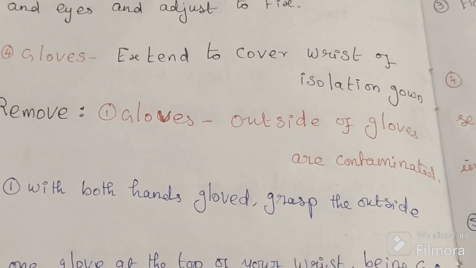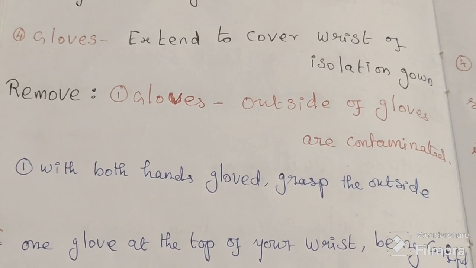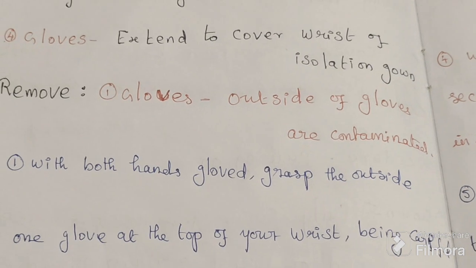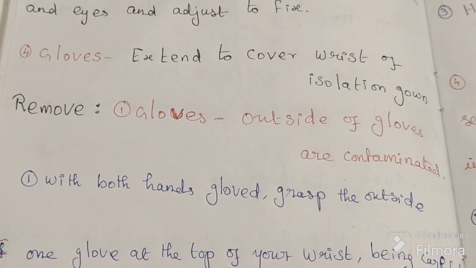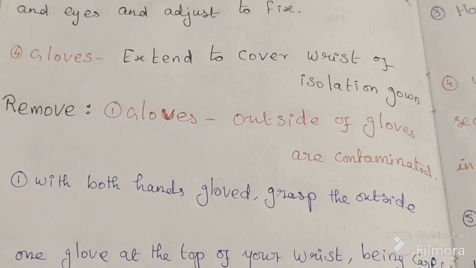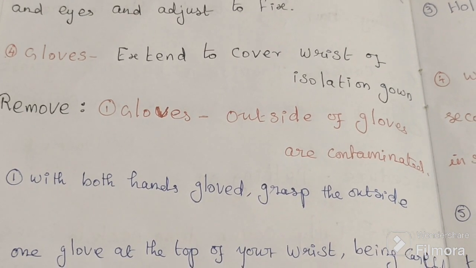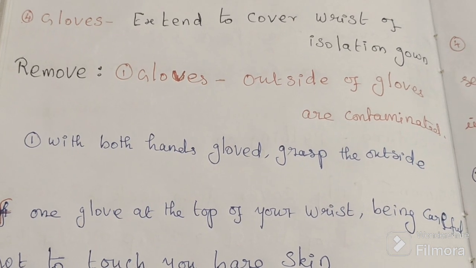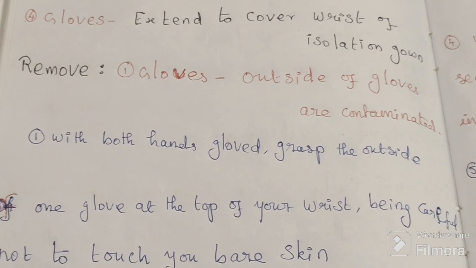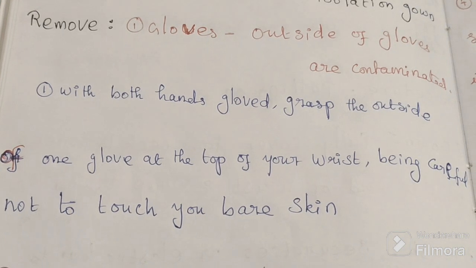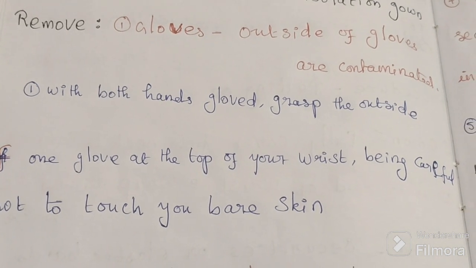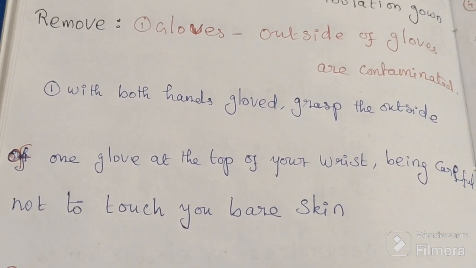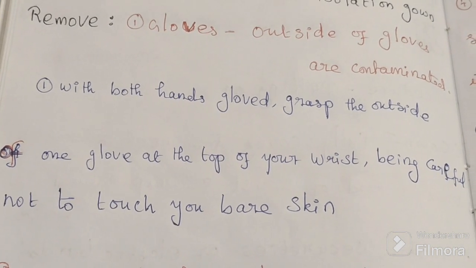Then how to remove, as shown in the attached diagram. First, gloves. The outside of the gloves is contaminated, everything on the outside is contaminated. So follow hand hygiene. With your gloved hand, grab the outside of the other glove at the top of the wrist, being careful not to touch your bare skin.